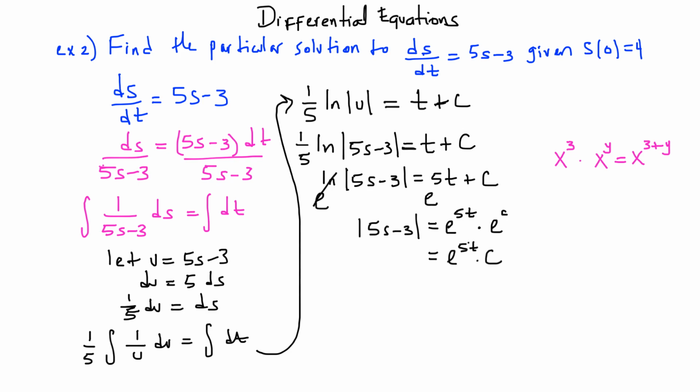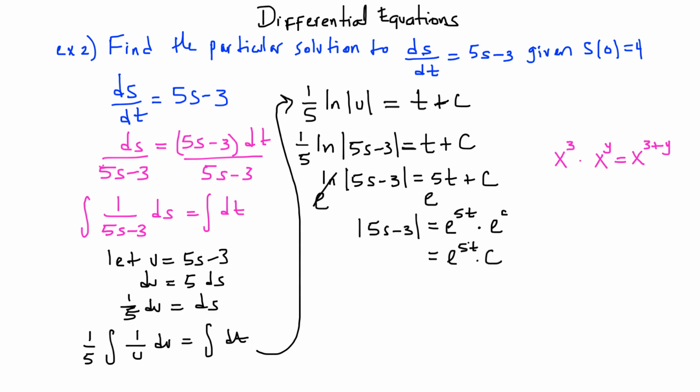Now, I'm not saying that this c is the same as that c, or that this c value is the same as the one I had before I multiplied by 5. All I'm saying is, yeah, they're all different constants, but the bottom line is they are constants. So I'm just going to keep on writing the c for a constant.